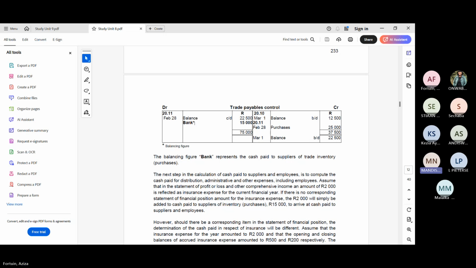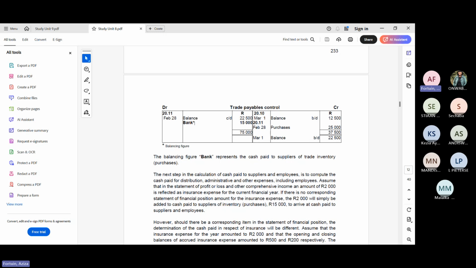You see, ma'am, when it comes to T accounts, I understand where liabilities increase and where assets increase. But what confuses me is: when is it brought down or is it carried down? Okay, follow my golden rule, like I said.